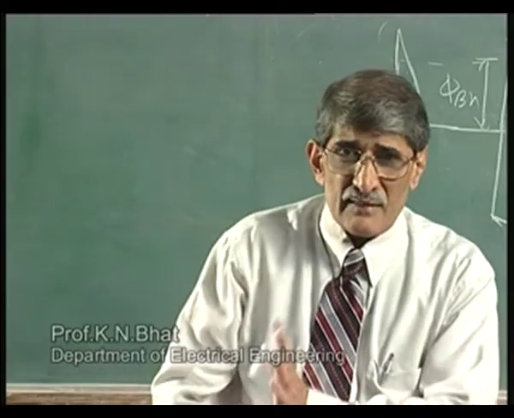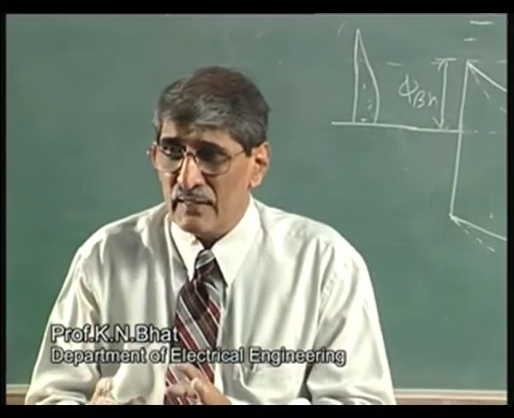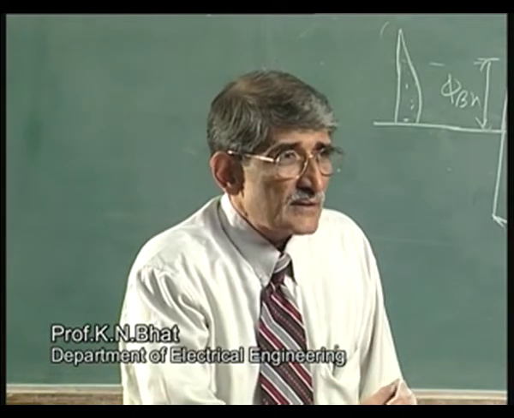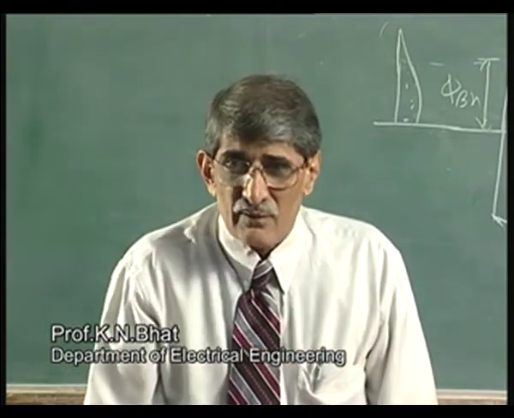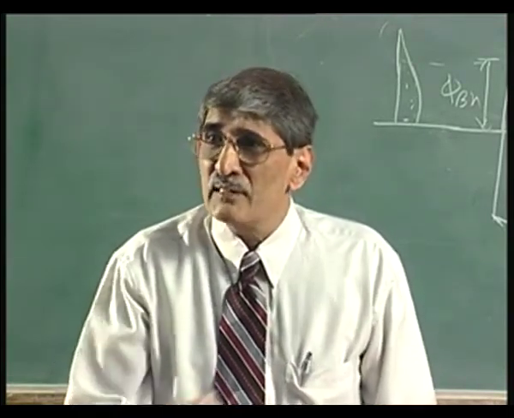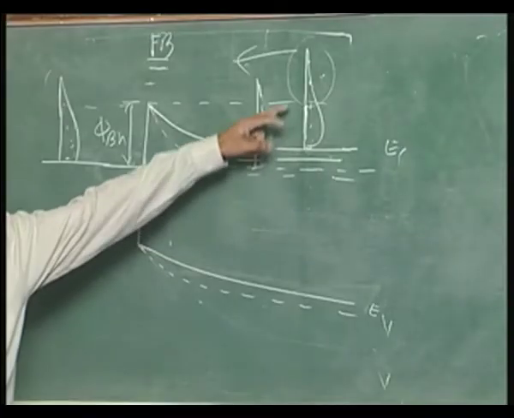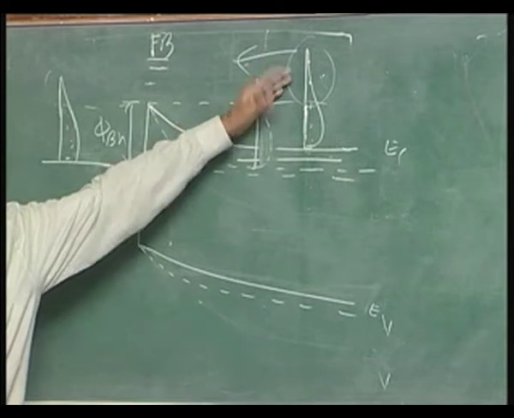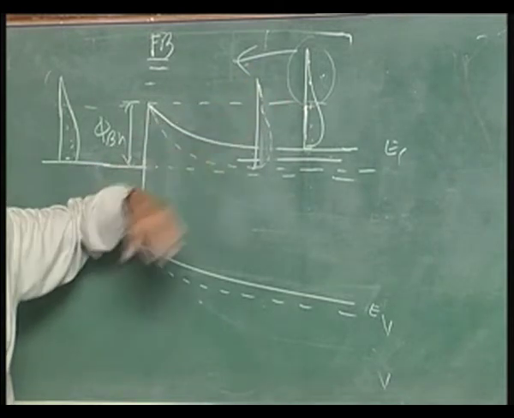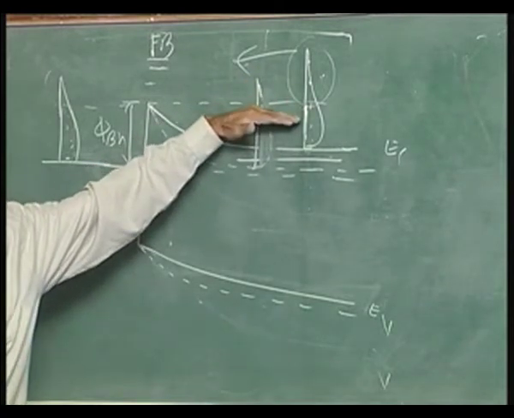That we will see a little later, but it is known that carrier distributions vary from Boltzmann's law as proportional to e to the power V by Vt. So, if I increase the voltage here, the carrier concentration will go up as e to the power V by Vt, for the ones which have energy above this.